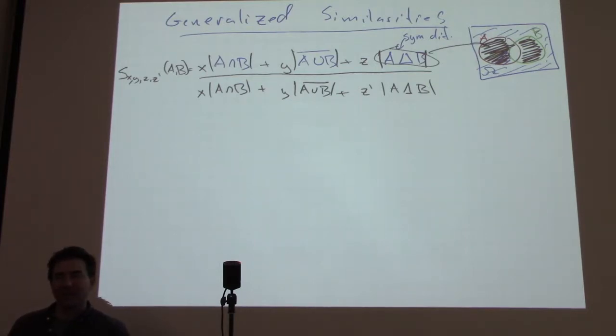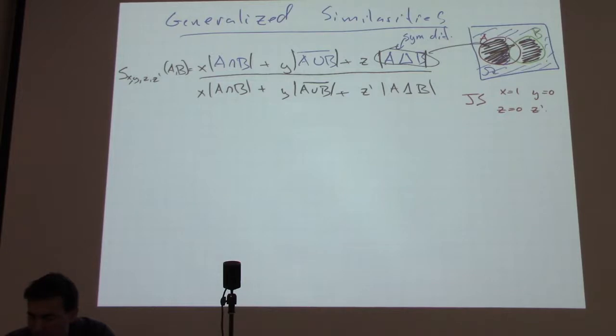If I plug in any non-negative parameters for x, y, and z, then this will make sense. For instance, the Jaccard similarity can be obtained with x equals 1, y equals 0, z equals 0, and z prime equals 1. It's a little bit strange.